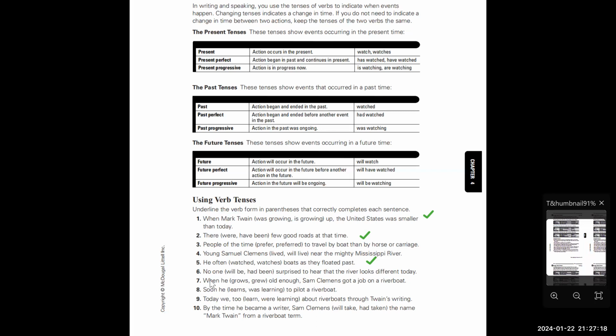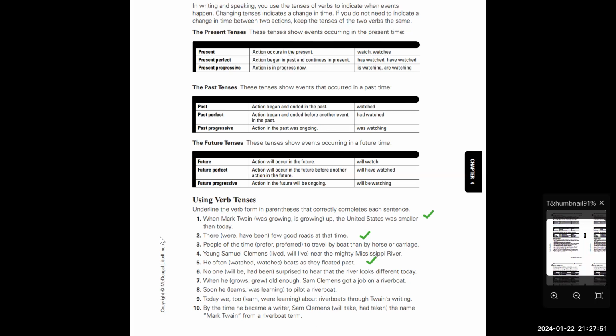Okay, number seven. When he grows enough, Sam selects a job on the river. That's easy, I think. I hope you can get it. Grows, right? What's your final answer?